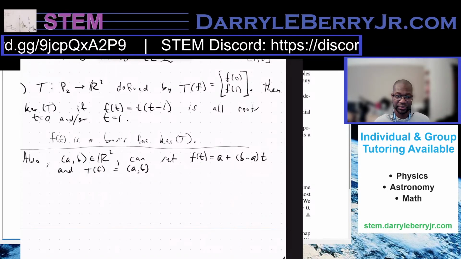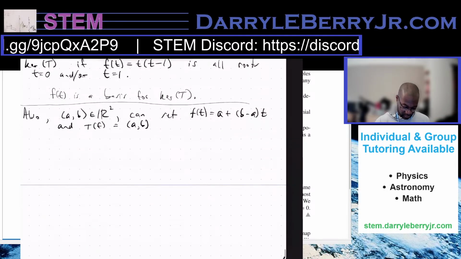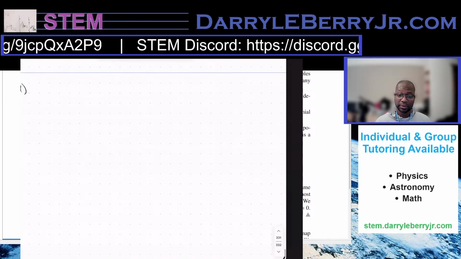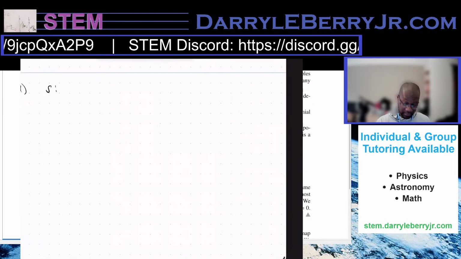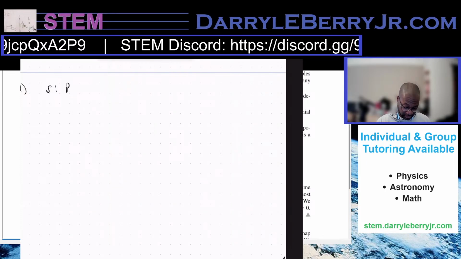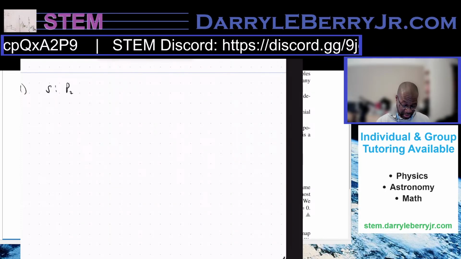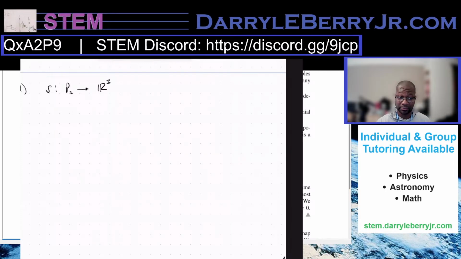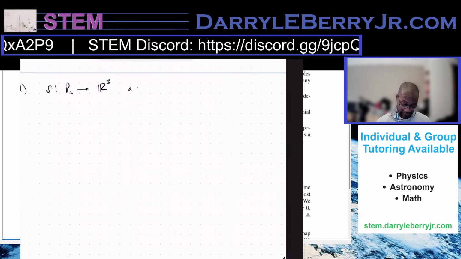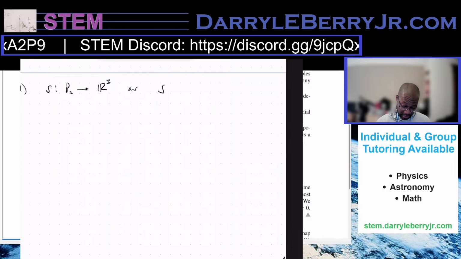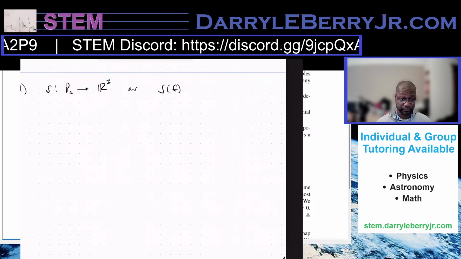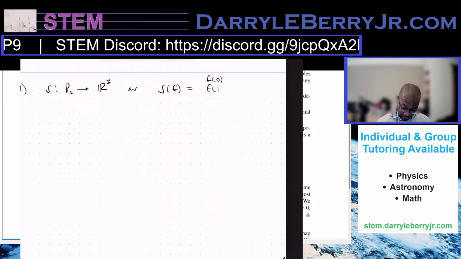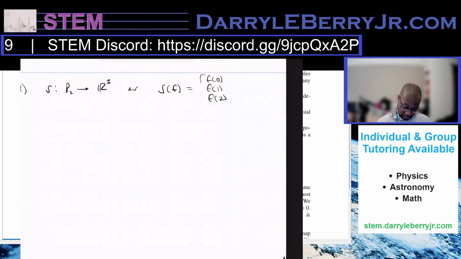So modifying the preceding example slightly, consider the linear map S, which is a second degree polynomial, and we're transforming that into R3, defined by S f equals (f(0), f(1), f(2)).